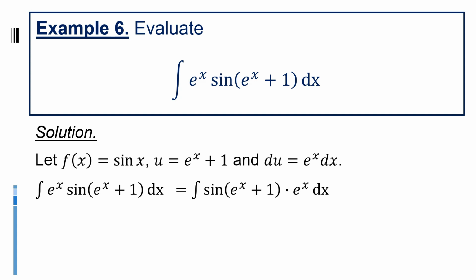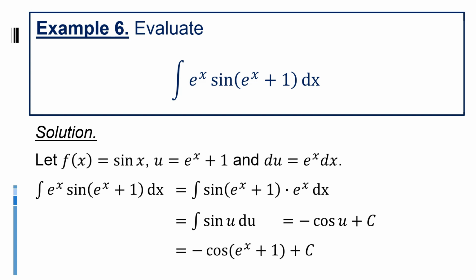So the integral of e raised to x sine of e raised to x plus 1 dx is equal to the integral of sine of e raised to x plus 1 times e raised to x dx. So that is integral of sine u du, which is just equal to the negative cosine of u plus c. And substituting u now, we have negative cosine of e raised to x plus 1 plus c.